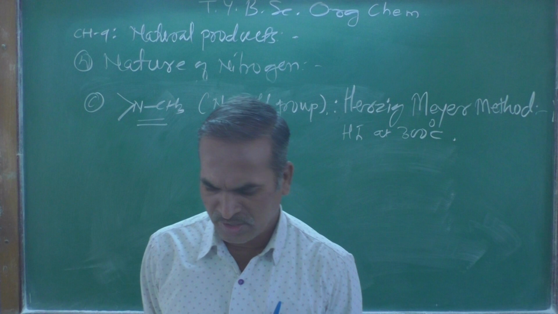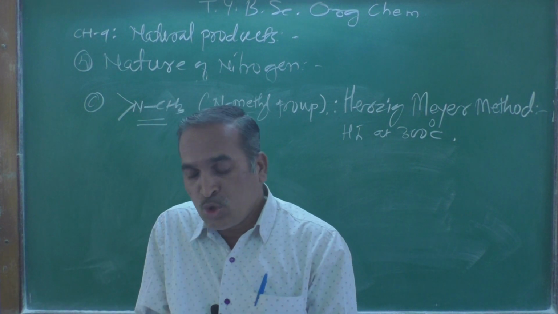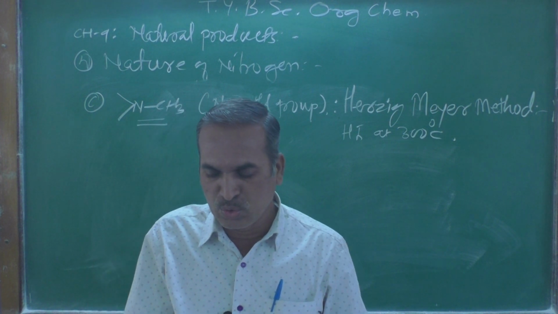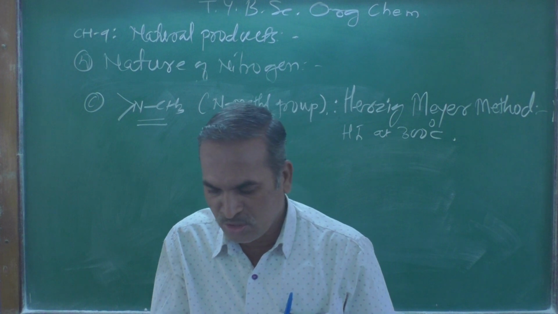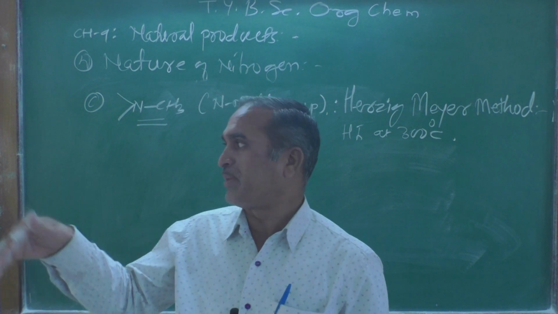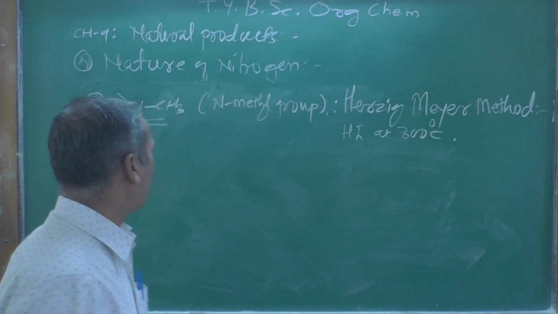The N-methyl groups are converted into methyl iodide, which is passed into an alcoholic solution of silver nitrate to form a precipitate of silver iodide.